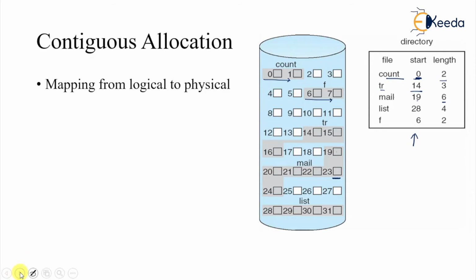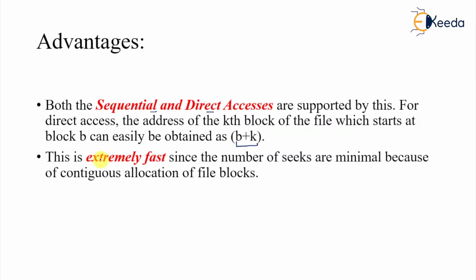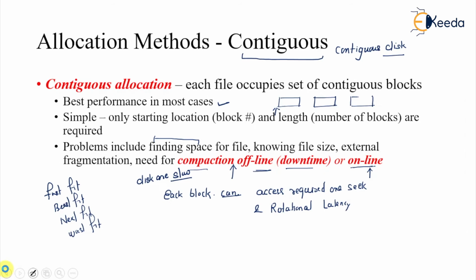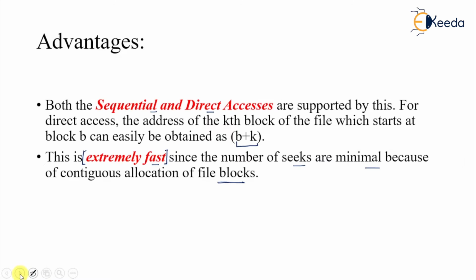So that is how the kth block can be obtained. This is extremely fast, since the number of seeks is minimal because of contiguous allocation of the blocks. That is the reason I told you earlier that it is quite fast access. It is one of the fastest methods, and it takes really little time.